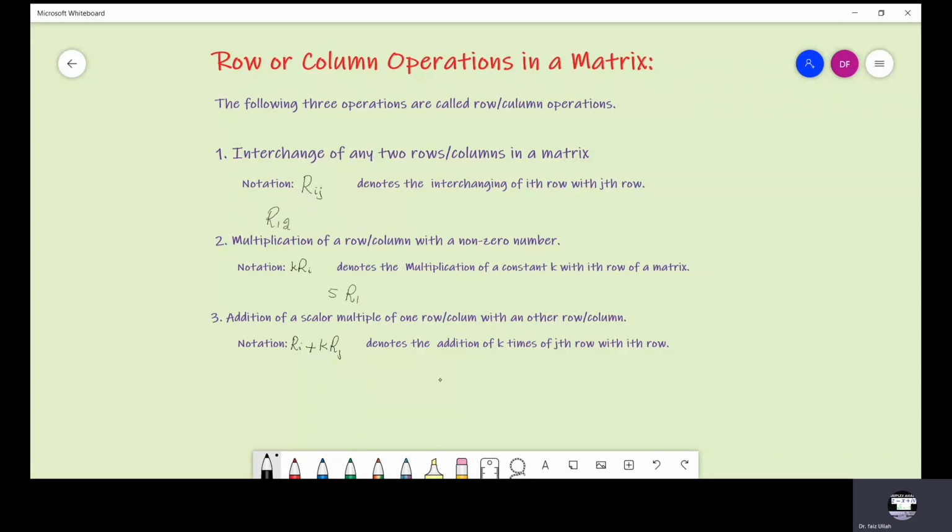The notation Ri plus kRj means the addition of k times of jth row with ith row. Let me write a simple form R1 plus 3R2, which means multiplication of each element of R2 with 3 and adding that with R1.